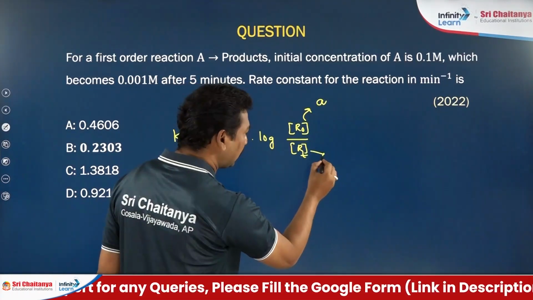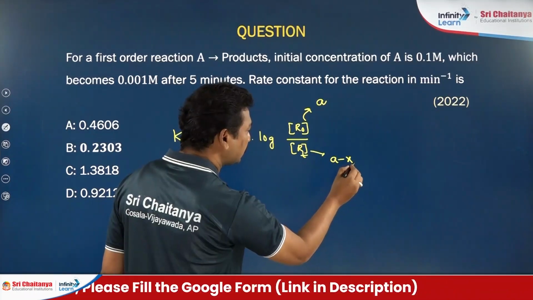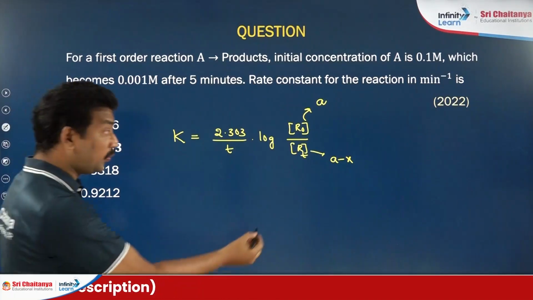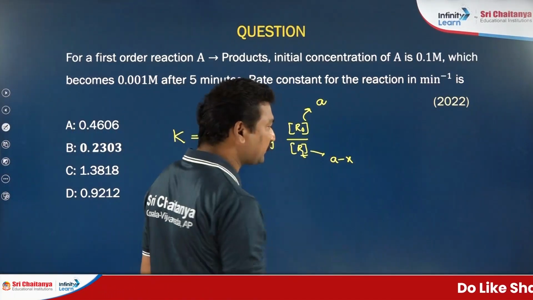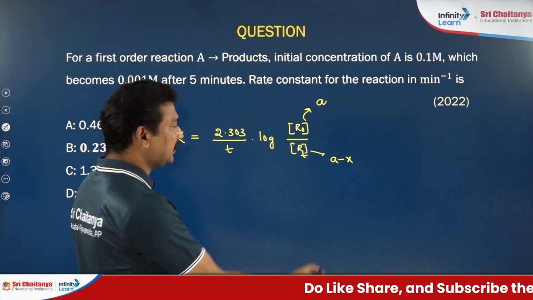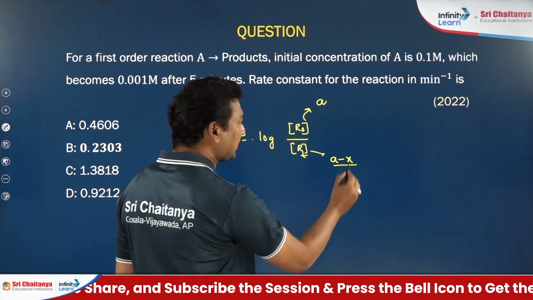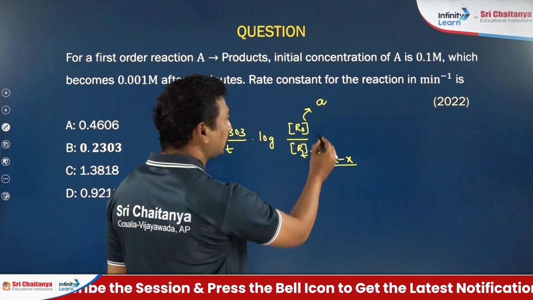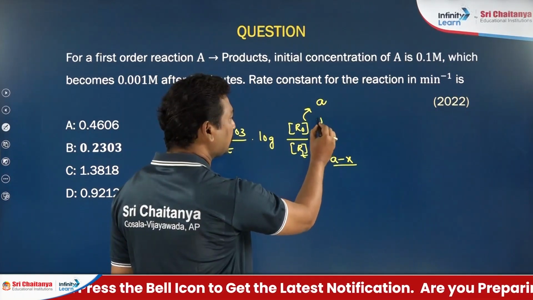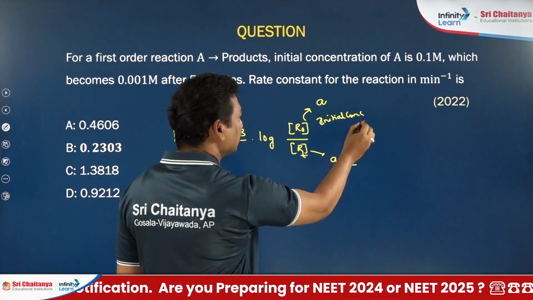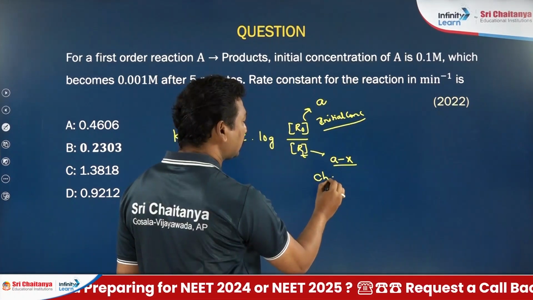This RT can be written as A minus X, the change in the initial concentration of the reactants, where X is the concentration of the products formed at time T. What is X? The concentration of the products formed at time T. A minus X is the change in the initial concentration of the reactants. A is the initial concentration of the reactants. This is the initial concentration. This is the change in the initial concentration.